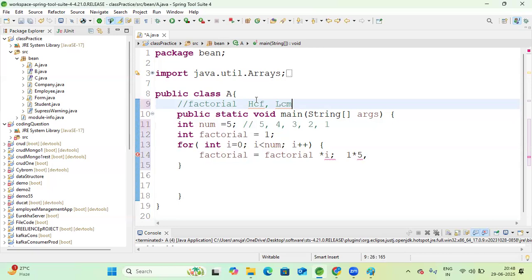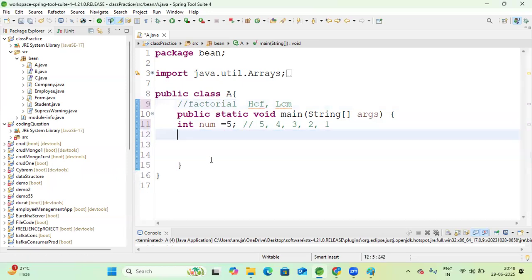If you are given two numbers, like 12 and 18, the highest common factor between them is 6. 12 can be divided by 1, 2, 3, 4, 6, and 12. Similarly, 18 can be divided by 1, 2, 3, 6, 9, and 18.